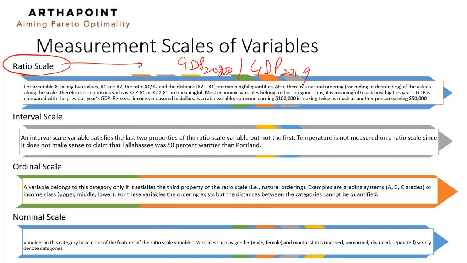Suppose I ask you, how much is India earning as compared to the US, or how much is US income as compared to India? Are they earning double of what we are earning? That is where we talk about the ratio scale. So the ratio scale is meaningful for finding out how many times one is of the other. It's meaningful for the purpose of comparisons.